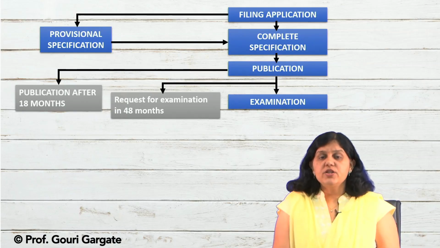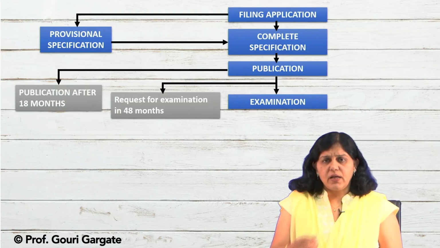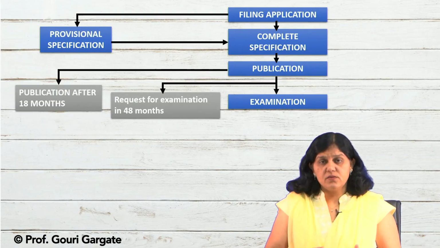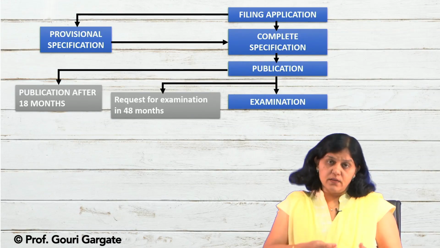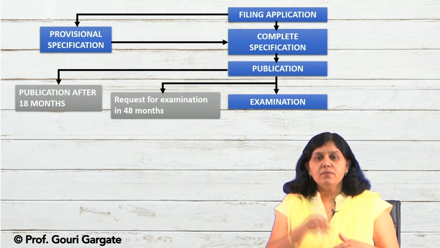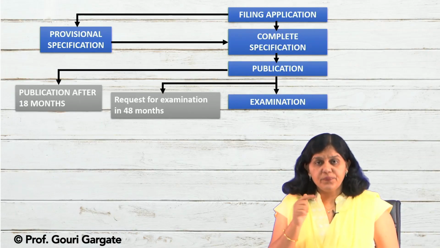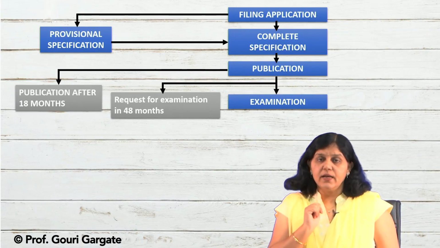He or she will check if there are any clerical mistakes. If there is any clerical mistake in the form while you are filing it, obviously not the description part, but in the forms, that will be checked by the examiner.